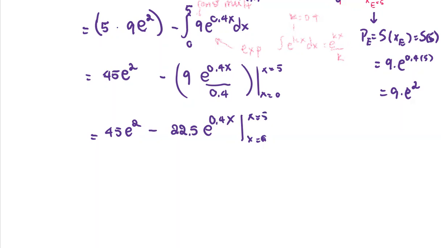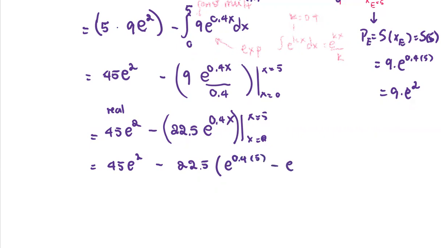I just do this part, substituting the values in. The first number is a real number, so we don't touch it for now. Next, evaluate at the lower and upper limit. I treat 22.5 as the common factor so I do not multiply each time. I multiply after subtracting the substitution of the upper limit and the lower limit.